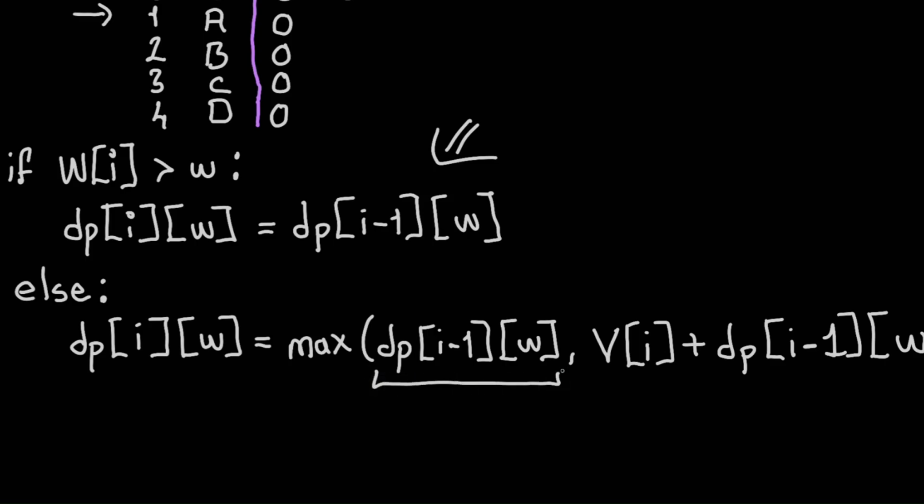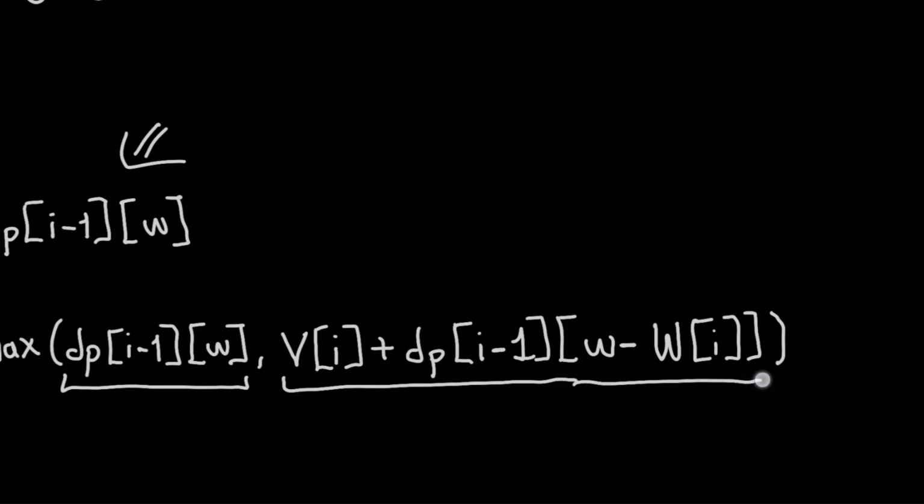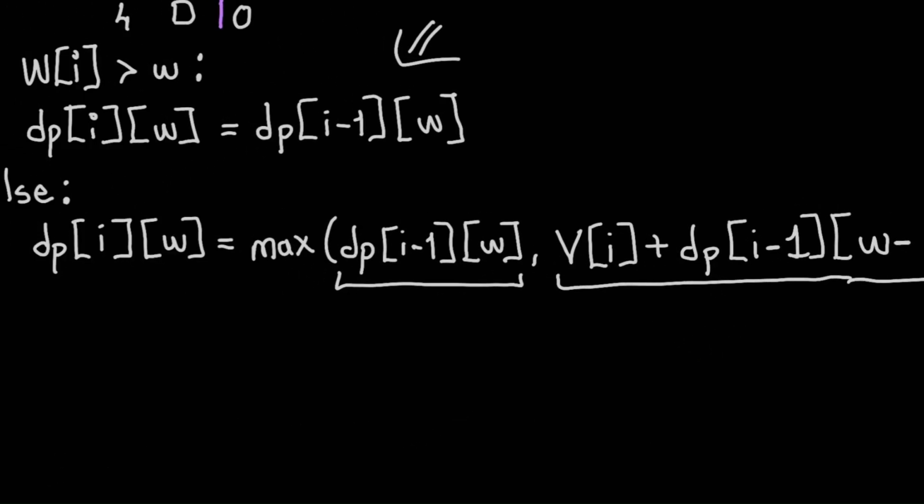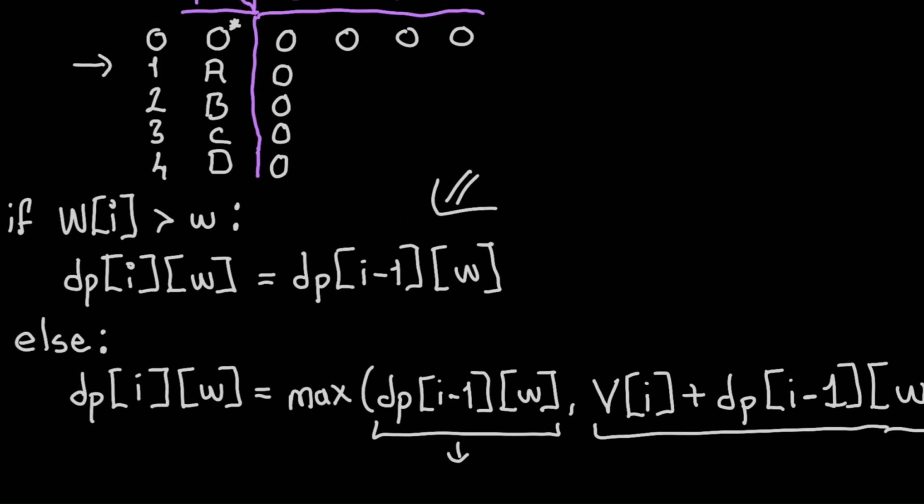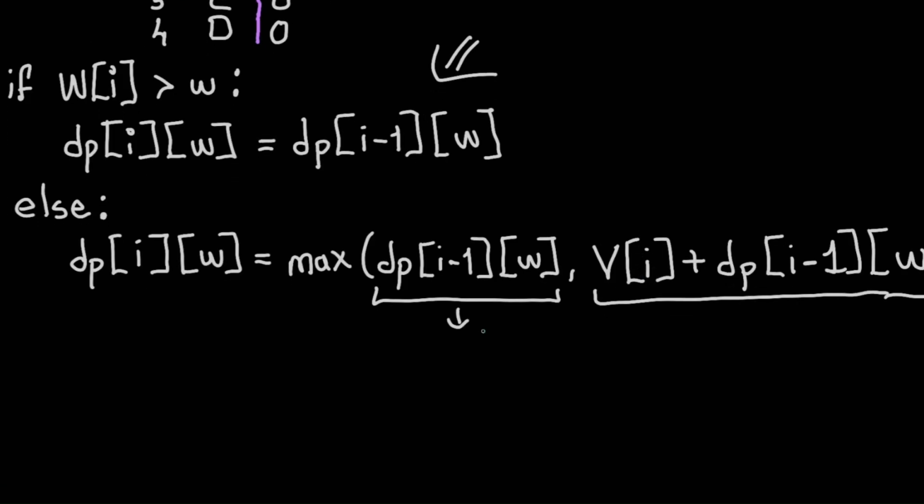The first parameter indicates the previous row, and the second parameter indicates what the value will be if we take that item, which is A in this case. If we don't take the item, we are directly copying the previous row, which is here. Since we are looking at this cell right there, the previous row is here. So it is 0.